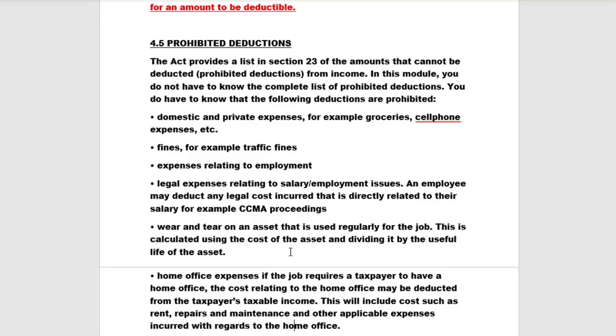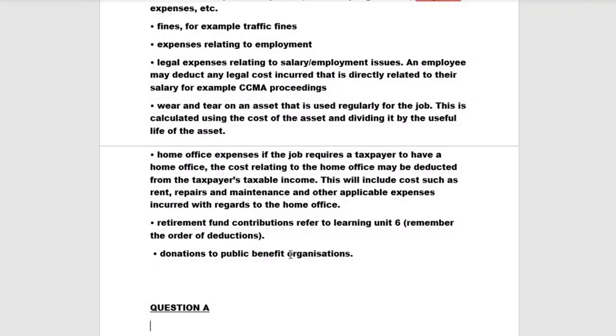So home office expenses: if the job requires a taxpayer to have a home office, I think it was discussed somewhere on a radio talk about people working at home due to this pandemic, how do they claim their expenses. So if the job requires the taxpayer to have a home office, the cost relating to the home office may be deducted from the taxpayer's taxable income.